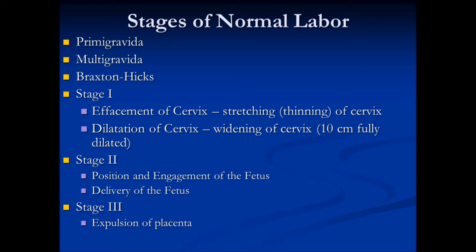Effacement of the cervix is measured as a percentage, so you'll hear them referring to mom as being 100% effaced. If they are at 100% effacement, the cervix is imperceptible against the uterine wall.